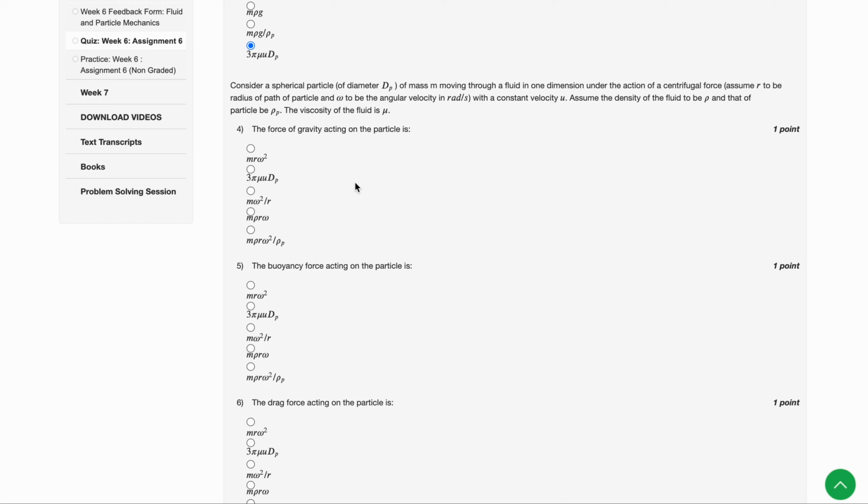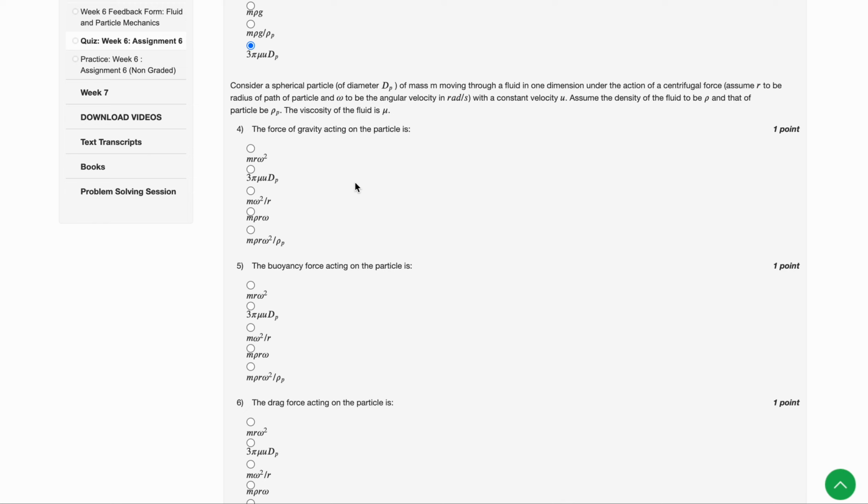So it says that the radius is r and it is moving with an angular velocity omega. Okay, and the characterization of the particle is same as the earlier problem.